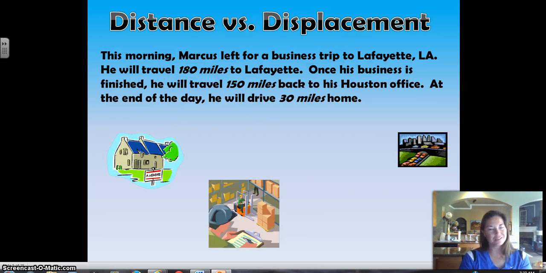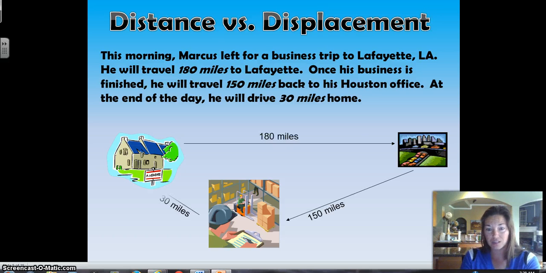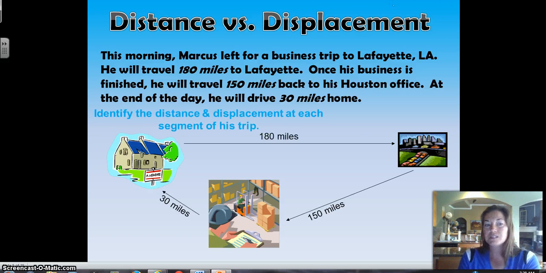Here's another example in case it's still a little confusing for you. This morning, Marcus left for a business trip to Lafayette, Louisiana. He will travel 180 miles to Lafayette. Once his business is finished, he will travel 150 miles back to his Houston office. And at the end of the day, he will drive 30 miles home. So here's where he starts from. This is home. He travels 180 miles to Lafayette.